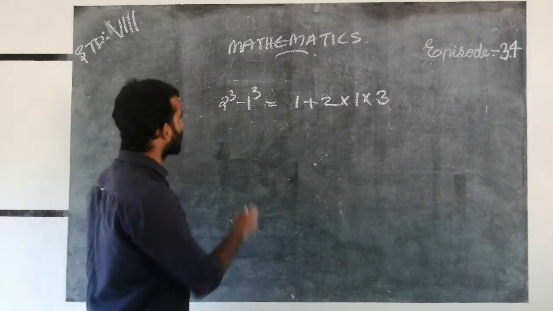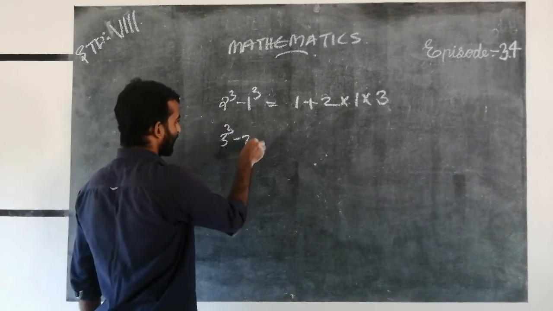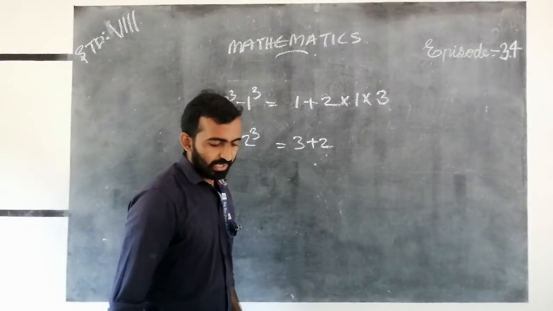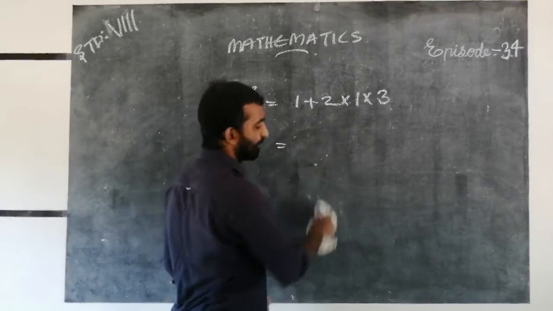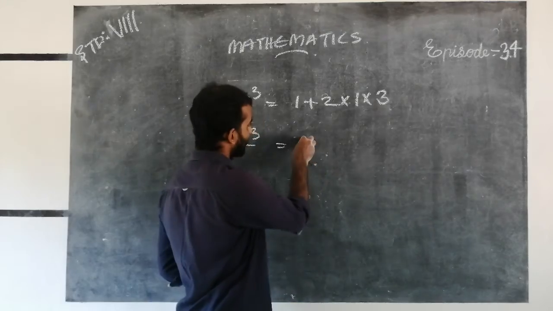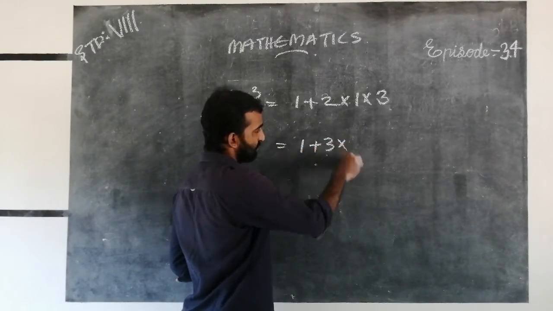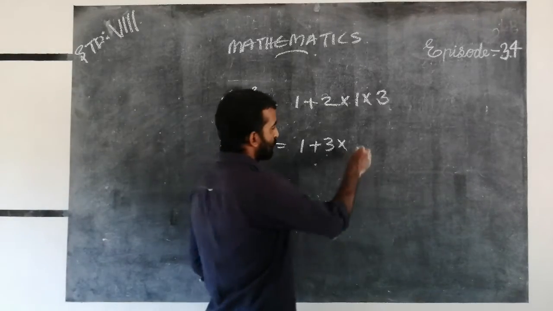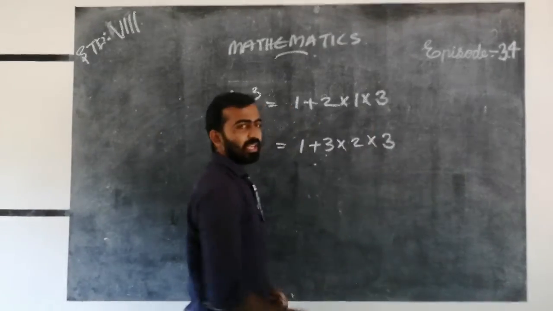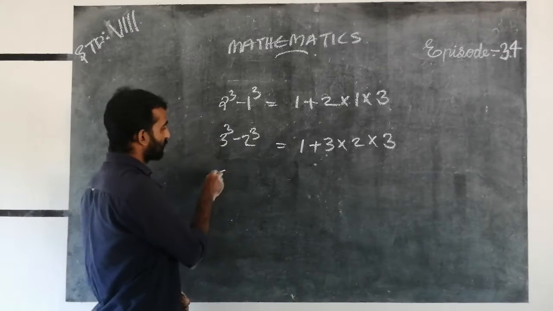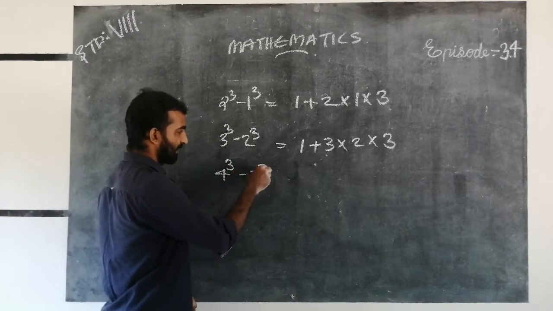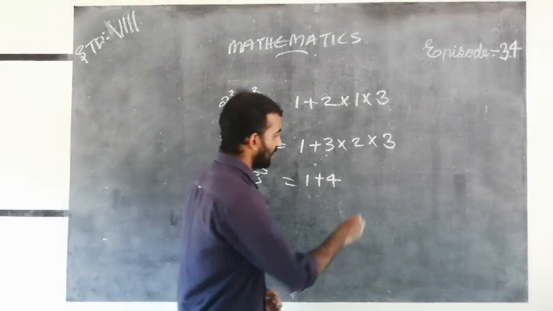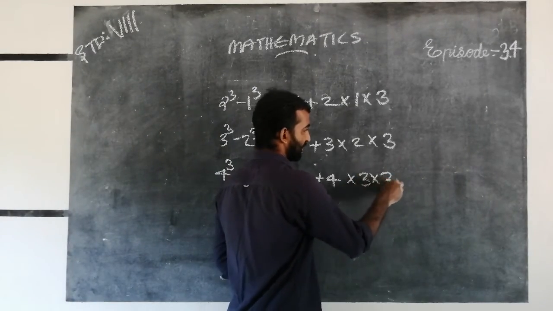The next pattern is 3 cube minus 2 cube equals 1 plus 3 into 2 into 3. And next is 4 cube minus 3 cube equals 1 plus 4 into 3 into 3.